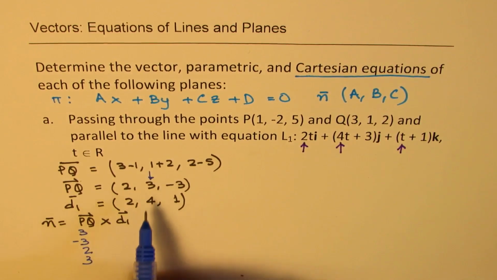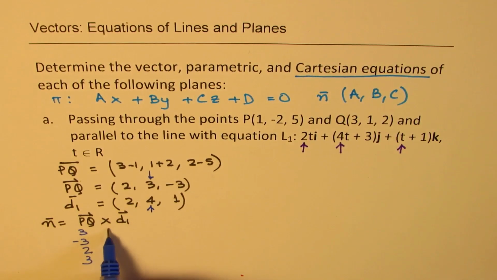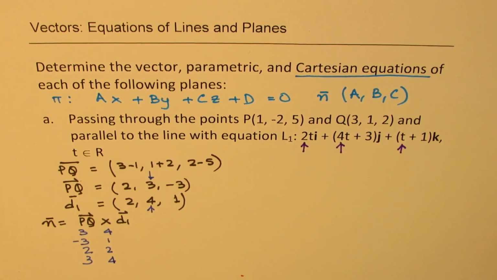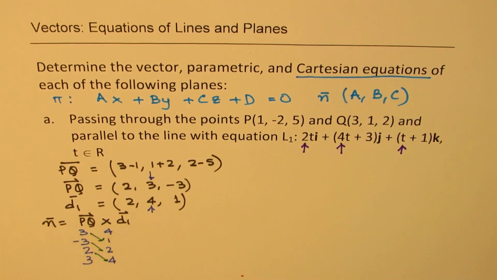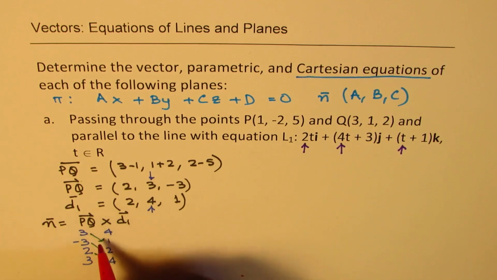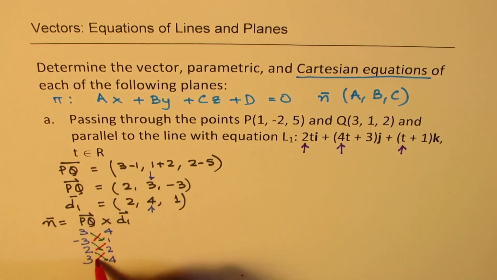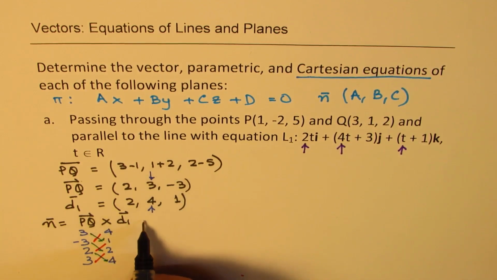Similarly, for the second, we start at 4, 1, in cyclic order, 2, and then end at 4. The components which give you the i, j, k components of the normal will be positive when you multiply these, and negative when you do the other way. Is that clear?